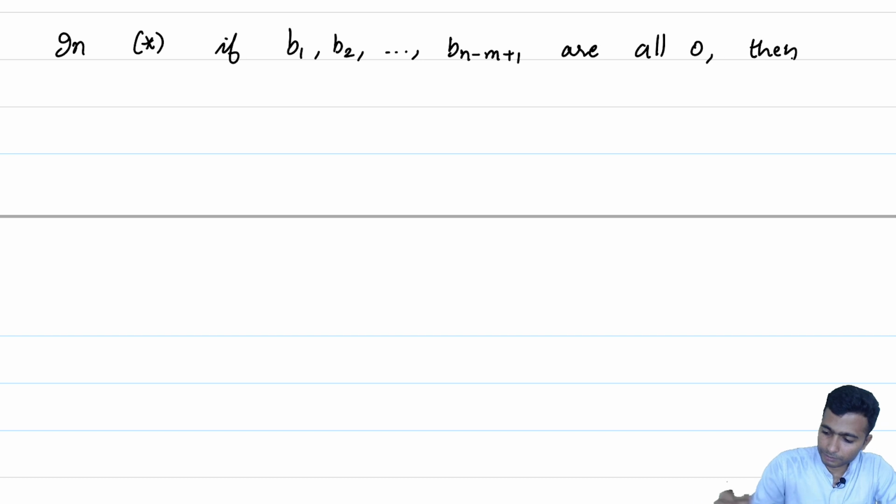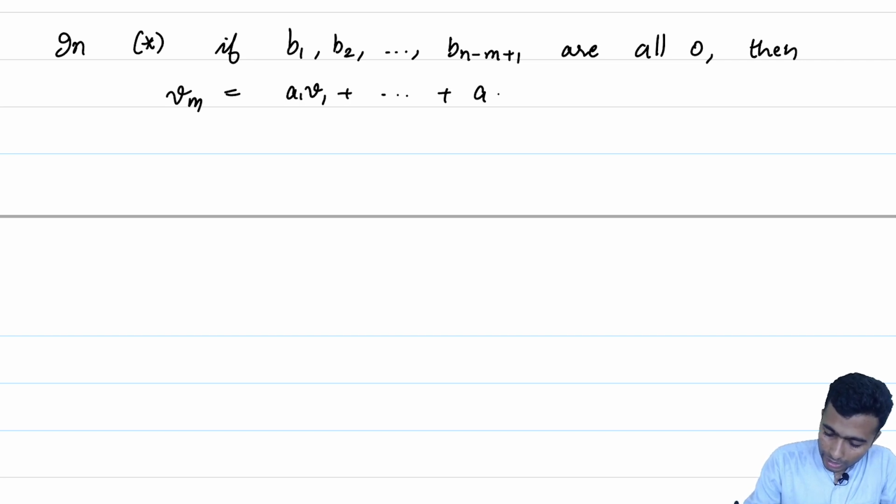then yet again Vm would be equal to A1 V1 plus A2 V2 up to Am minus 1 Vm minus 1.